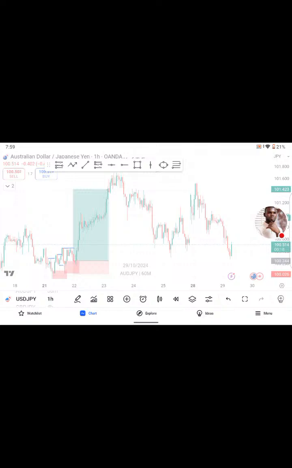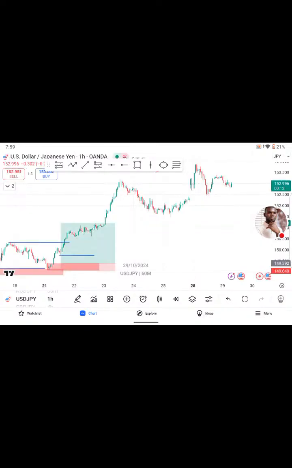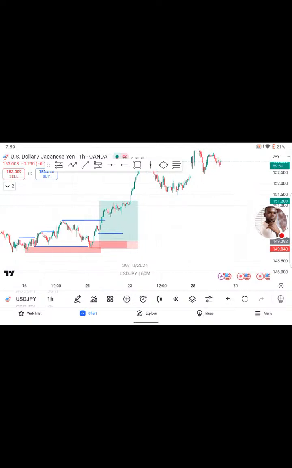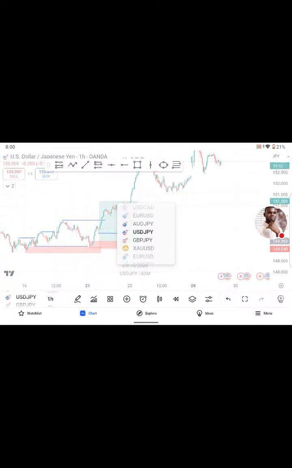I'm using the same strategy. The only difference is that this one is on 1 hour, the other one is on 15 minutes. That of 15 minutes is 7:45 a.m. This 1 hour I don't follow any time. Whatever the time it happens, then I set the limit, wait for it to be activated and get it running.